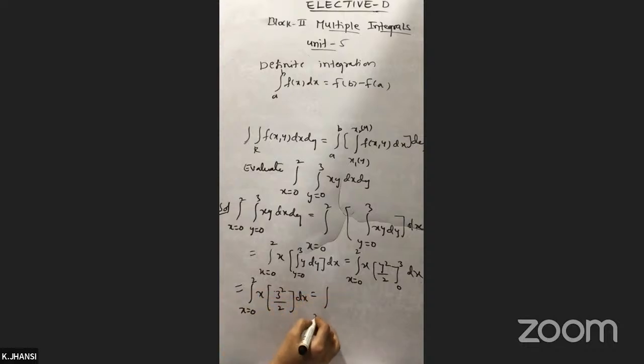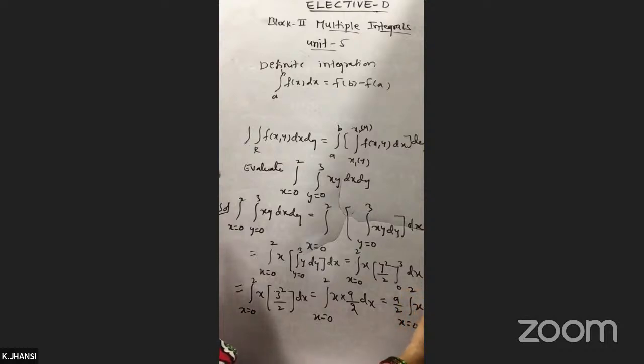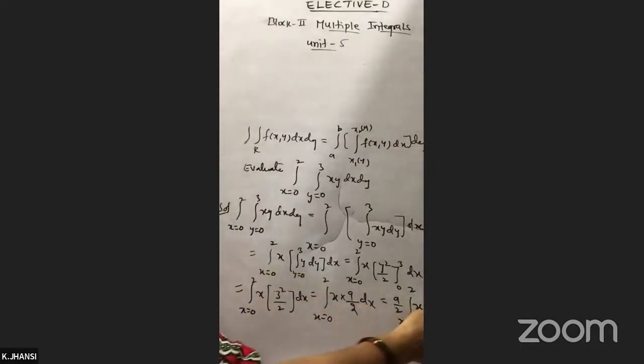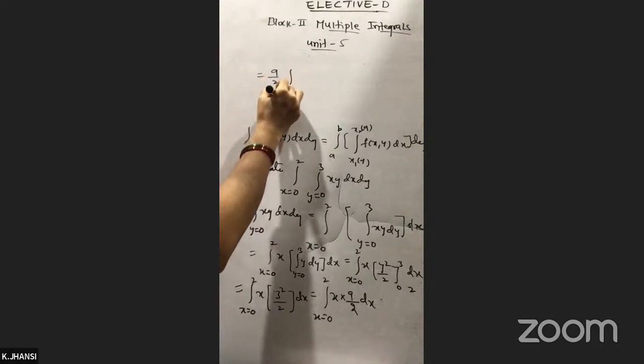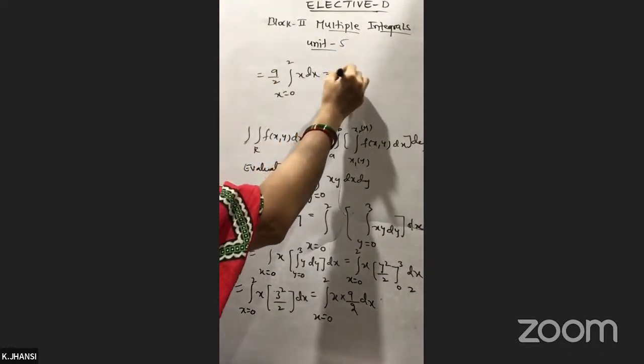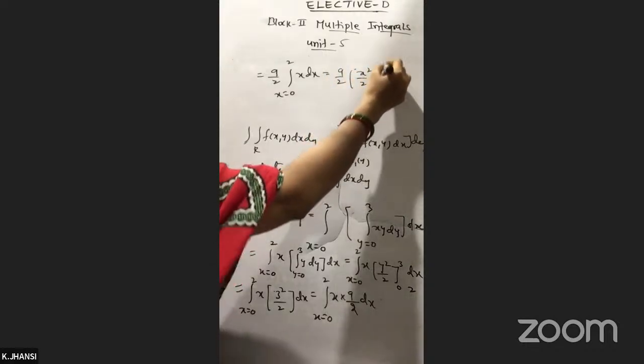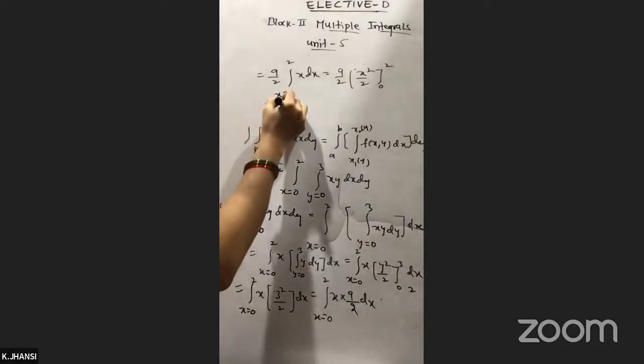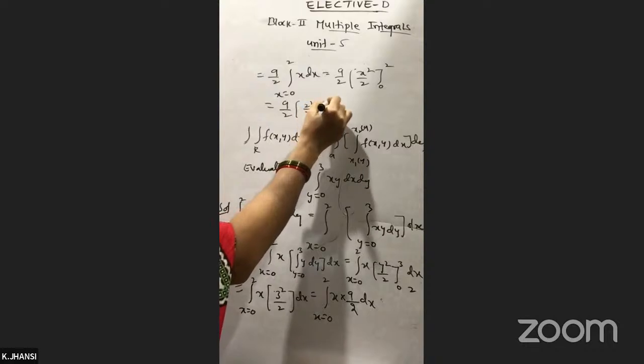So it is the integral from x equals 0 to 2 of x into 9 by 2 dx. Now 9 by 2 is a constant, so you can take it outside: 9 by 2 times the integral from 0 to 2 of x dx. The integral of x is x square by 2, so 9 by 2 times 2 square by 2 minus 0.